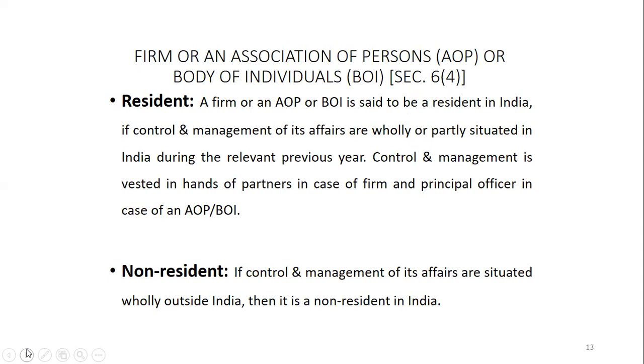Control and management is vested in the hands of partners in case of a firm and principal officers in case of an association of persons or body of individuals. Who will be non-resident? If control and management of its affairs are situated wholly outside India, it is a non-resident.